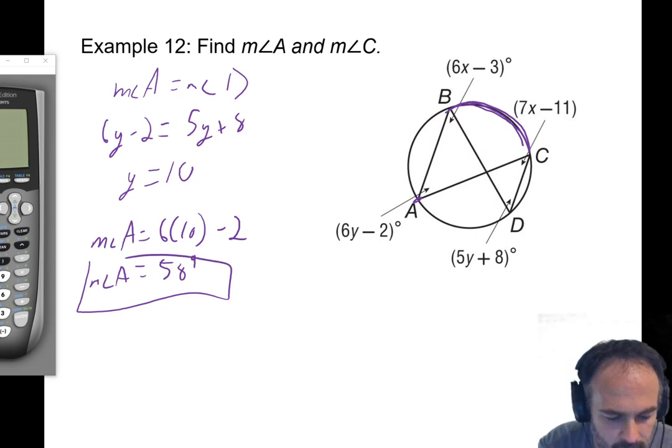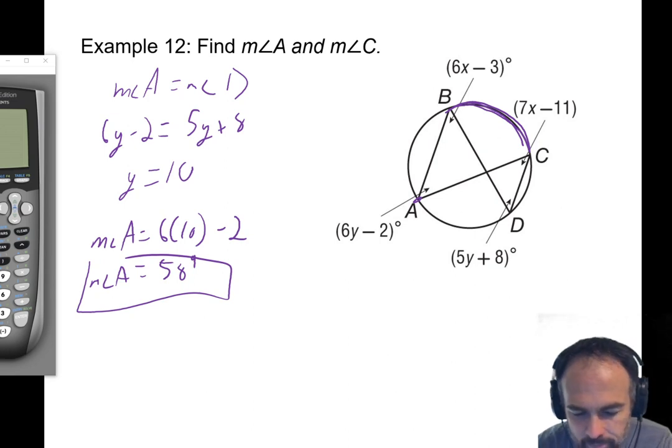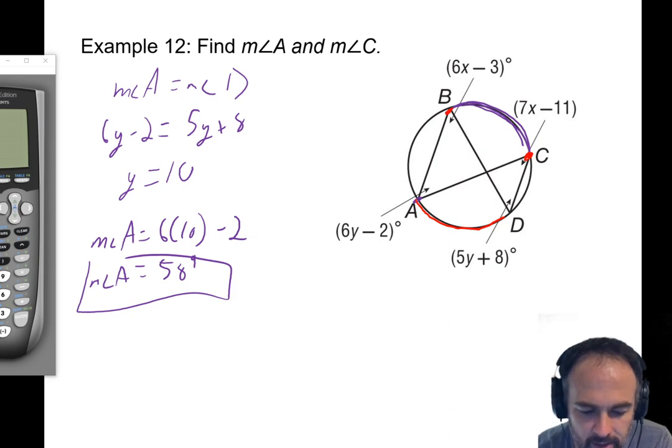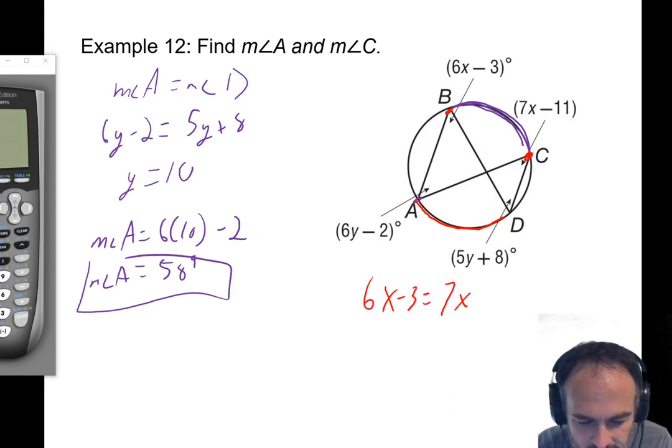We also want the measure of angle, this one in red this time, measure of angle C. Angle C intercepts arc AD, and so does angle B. Again, those are equal. 6x minus 3 equals 7x minus 11.